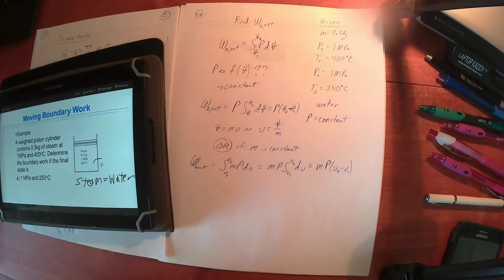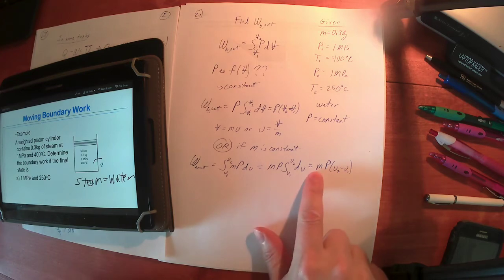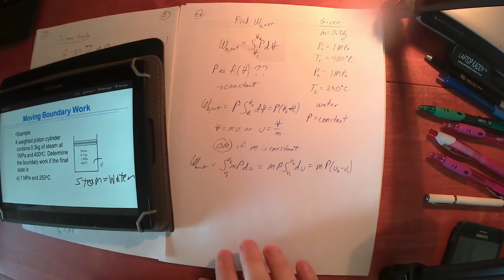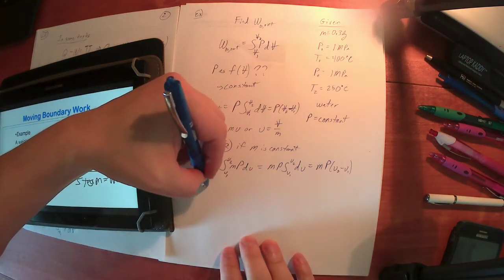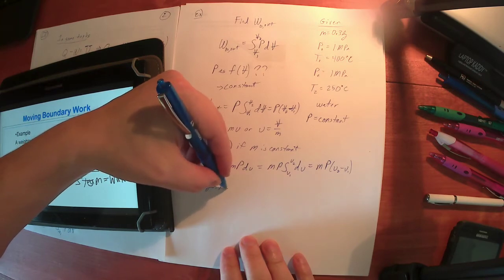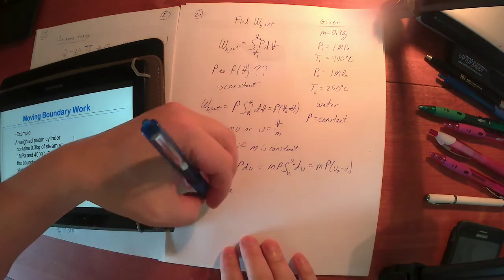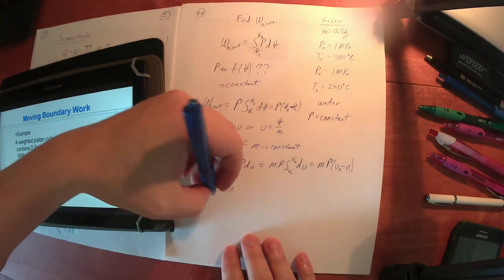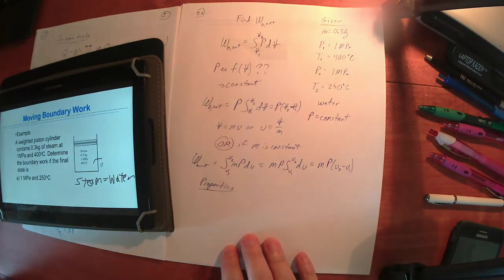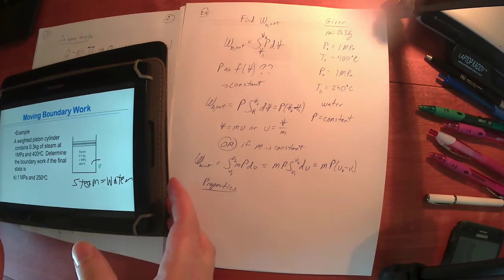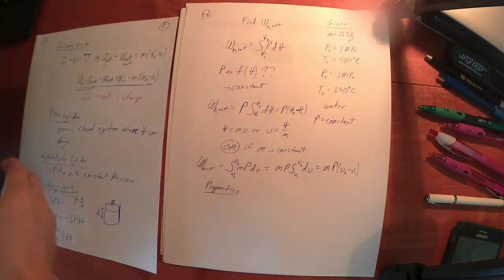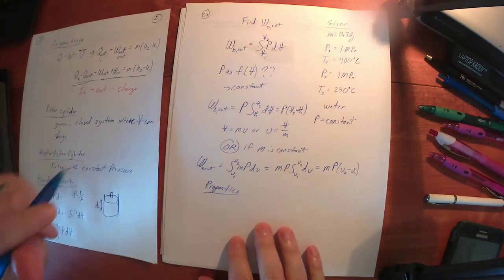Okay. Now, I know the mass, I know the pressure, I need to go find these specific volumes. So now I'm at the point of properties. How do I find properties? Well, we go back to the multi-step process we talked about in lectures 5 and 6. This is a scenario in both cases where I know pressure and temperature.